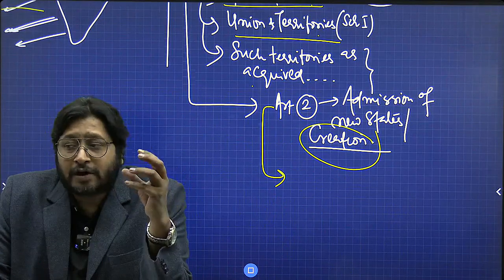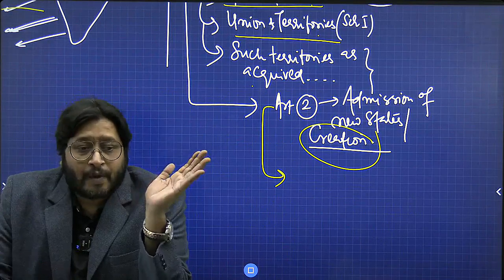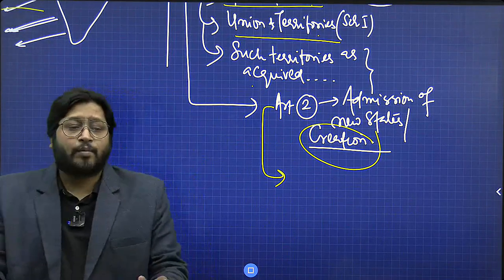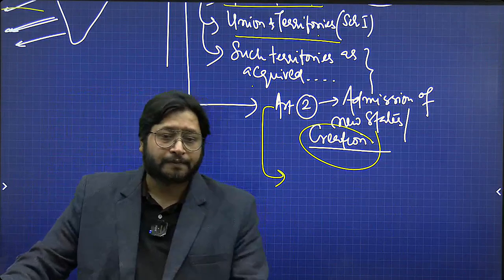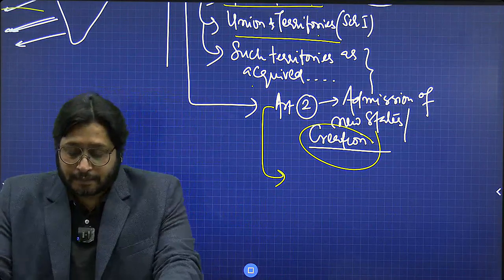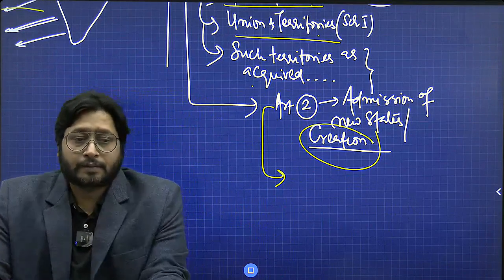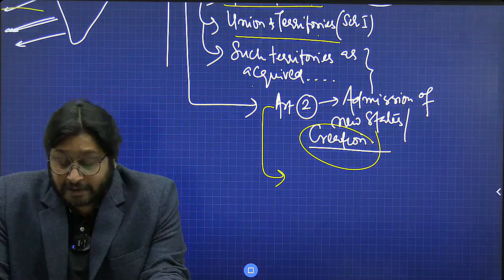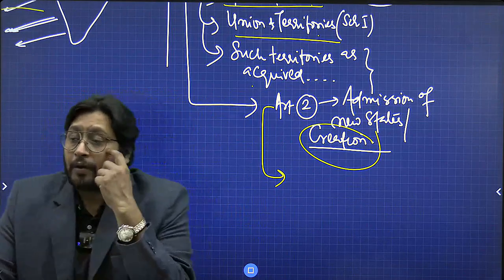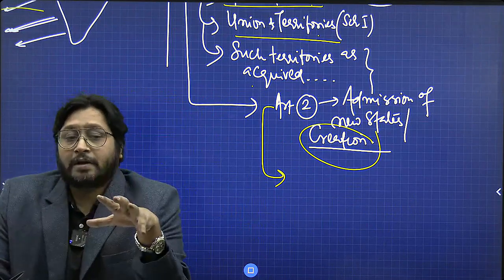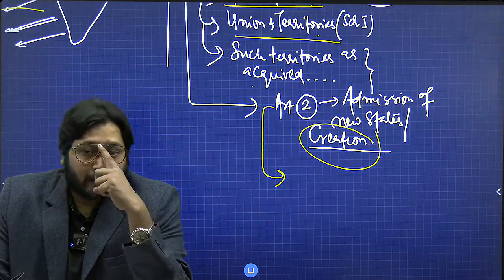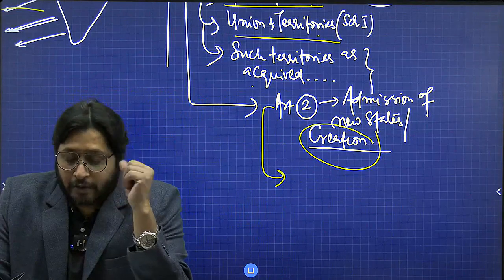These new states are not the existing states, right? When we say existing, at that point of time we are talking about the situation at that time. So now it can do it, right?